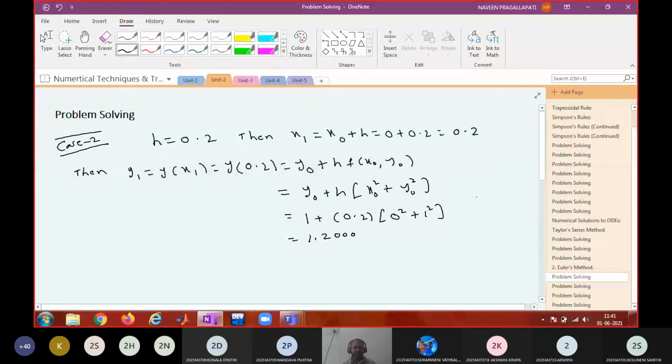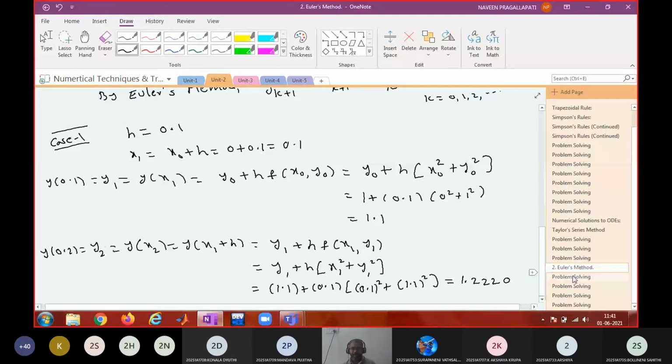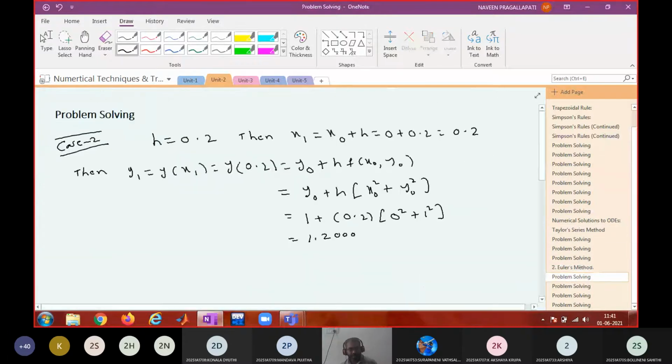Okay, so 1.2 is less accurate than 1.222. 1.322 is less accurate than 1.2520, I guess. Shall I proceed?